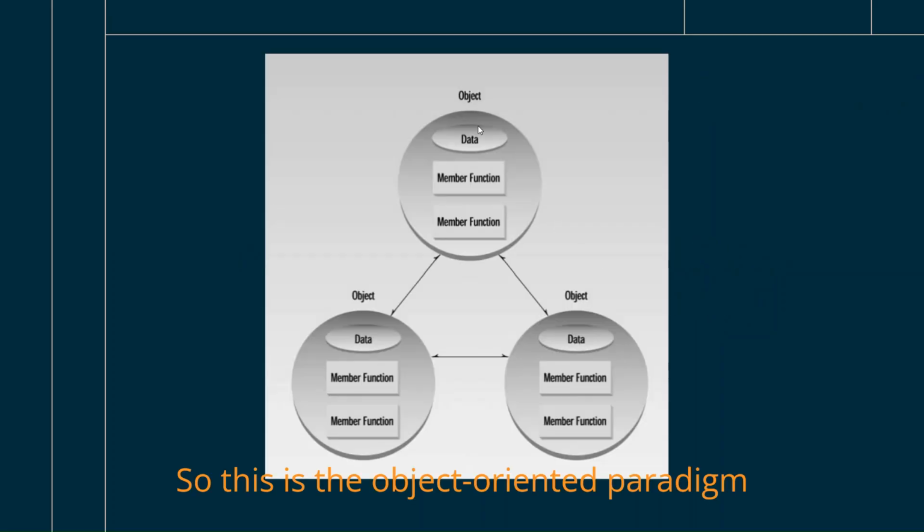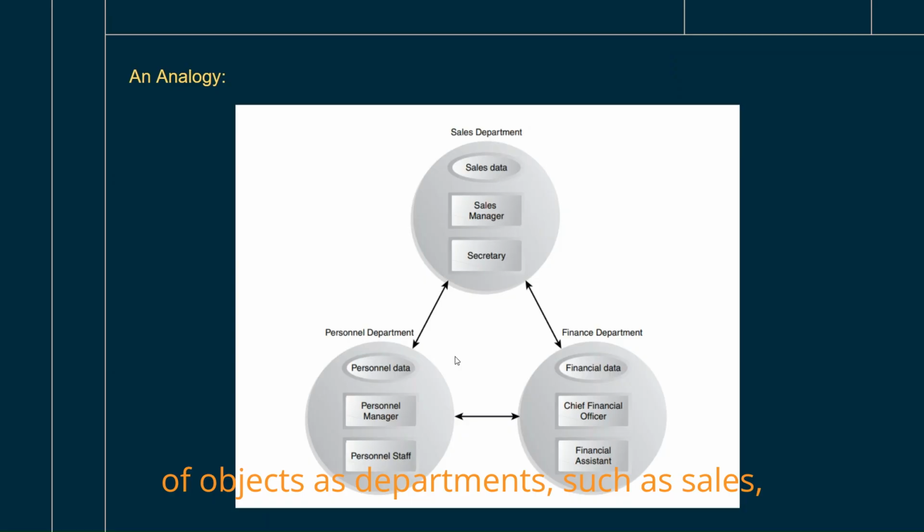So this is the object-oriented paradigm, which consists of a number of objects which communicate with each other by calling one another's member functions, and this is how the organization of a C++ program is. You might want to think of objects as departments, such as sales, accounting, personnel, and so on in a company. Departments provide an important approach to corporate organization.